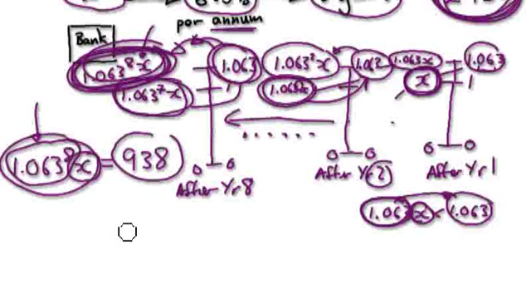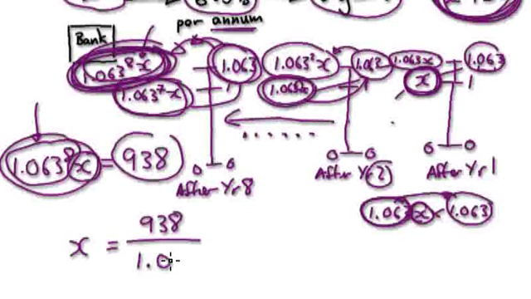So x equals 938 divided by 1.063 to the power of 8. Remember, powers are more important, so this exists in a bubble here.